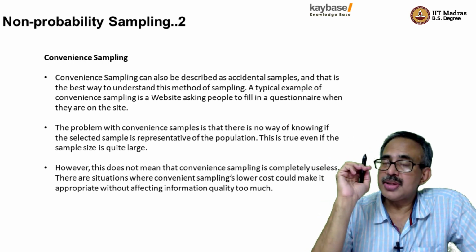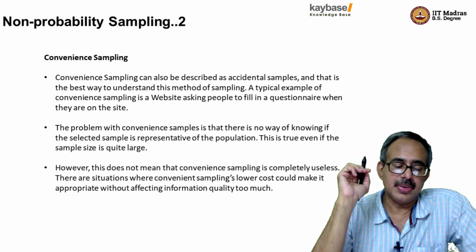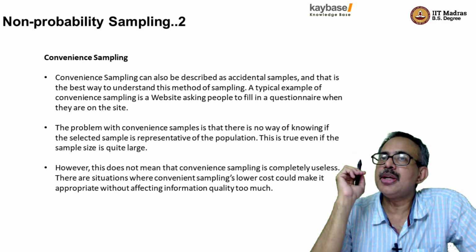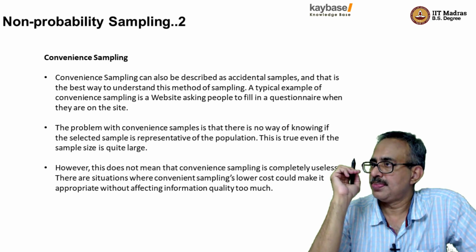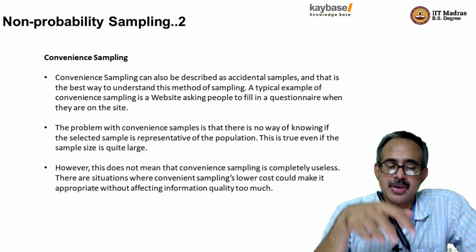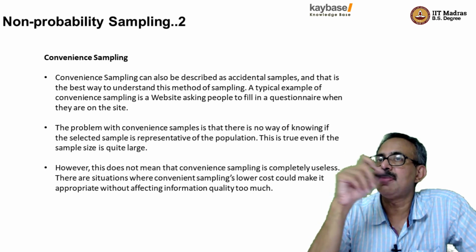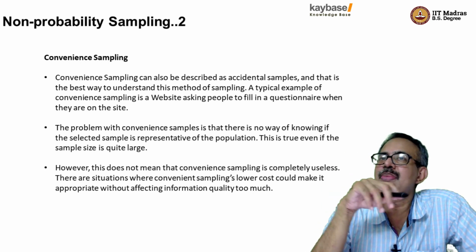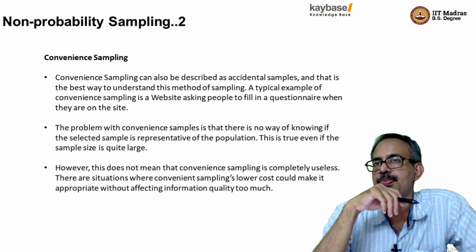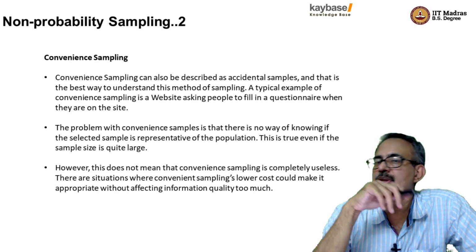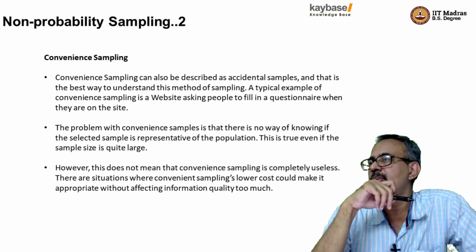The problem with convenience sampling is that we don't know if it is representative of the population. For example, to come back to this website example, is it that the people who fill up a survey on a website are the ones who generally have nothing much to do? And so they're going around browsing websites and they fill up a questionnaire.